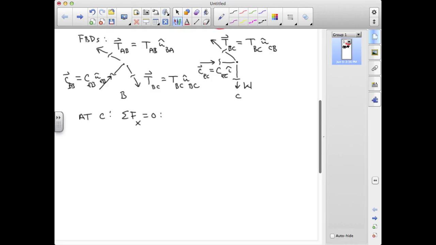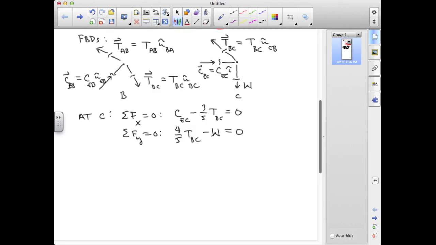In the x direction, at joint C, we have the compression in EC minus 3/5 TBC equals 0. And in the y direction, we have 4/5 TBC minus the weight equals 0.